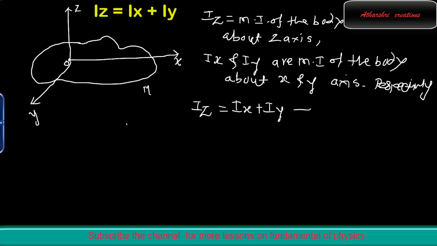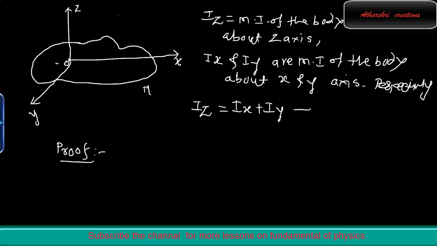This is what we have to prove. Now see the proof. Consider a plane lamina of mass M. Ox and Oy are two mutually perpendicular axes in the plane of the lamina intersecting each other at point O. Let OZ be the axis perpendicular to the plane lamina and passing through point O, as shown in this figure.